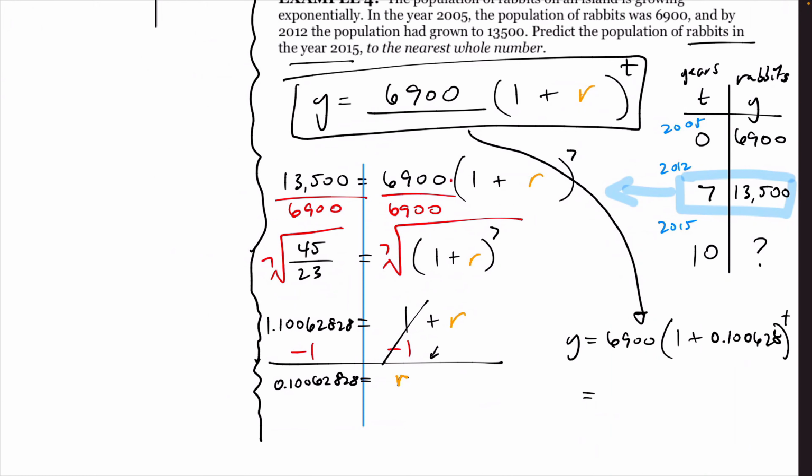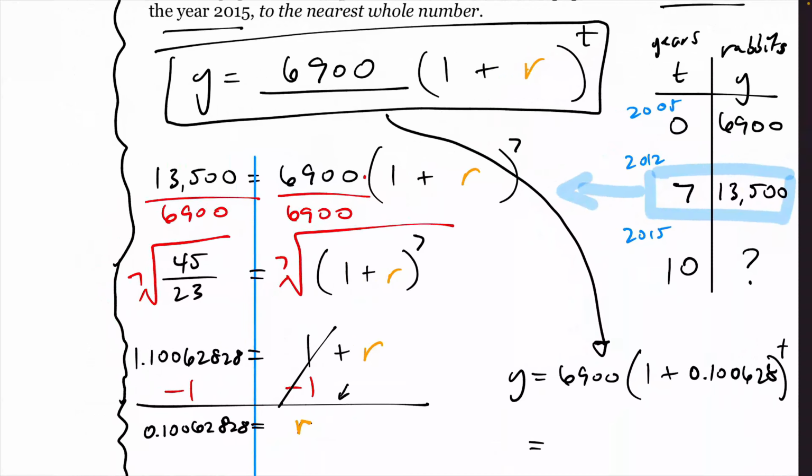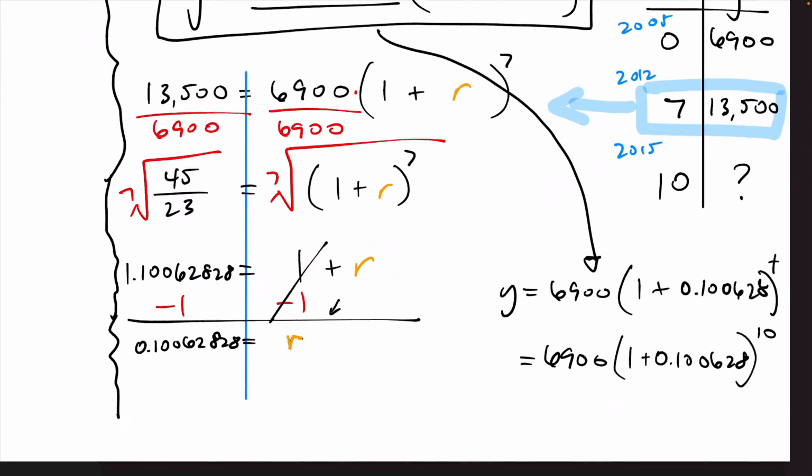Now, how can I use that to figure out how many rabbits I have? This is my function. I built it. So how can I use that to figure out how many rabbits I'm going to have in 2015? Plug in 10. Instead of t, I know 10 years, and y will tell me how many rabbits.